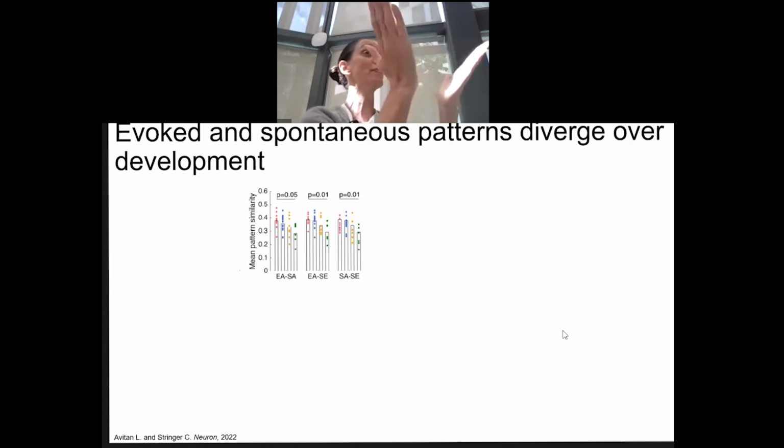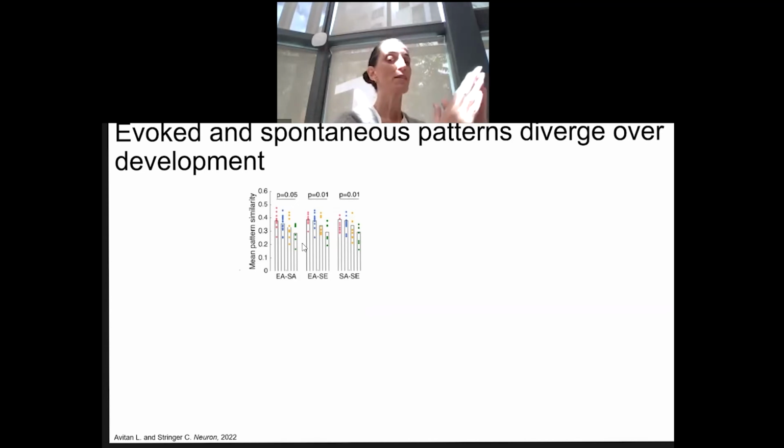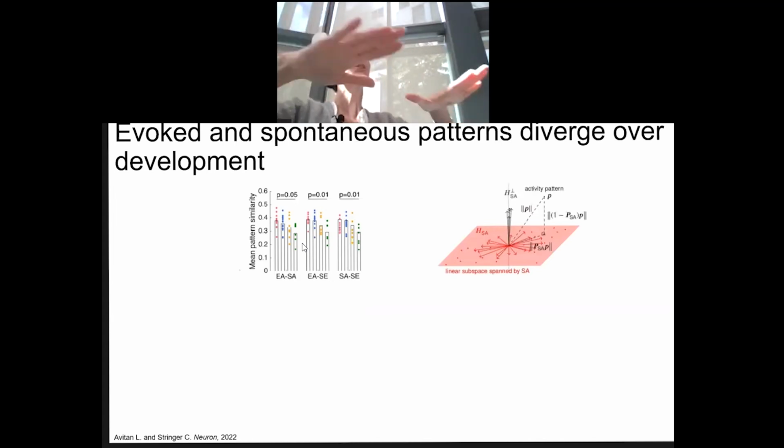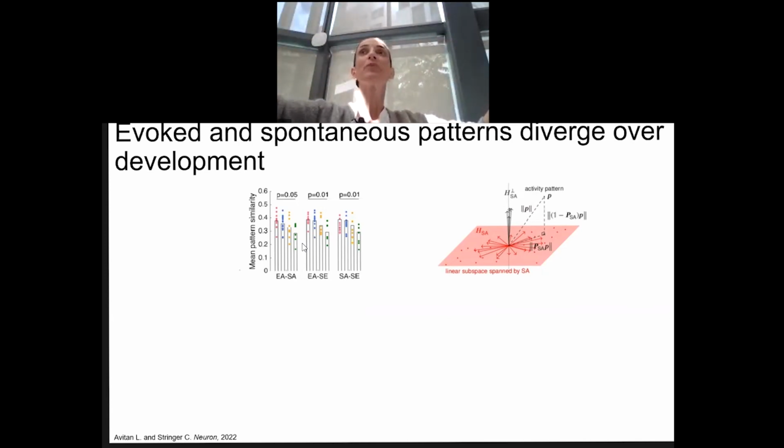When we asked how similar these vectors are, what we saw was that as the animal developed, this similarity actually decreased between the vectors, the representation of the world that was sensory driven and the spontaneous patterns that the circuit just delivered. Then we looked at it from a geometrical point of view, trying to suggest that perhaps there's a plane, a hyperplane, that holds all of these patterns that were spontaneously generated.